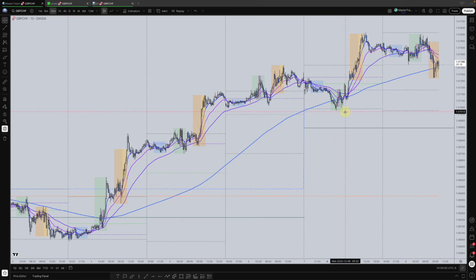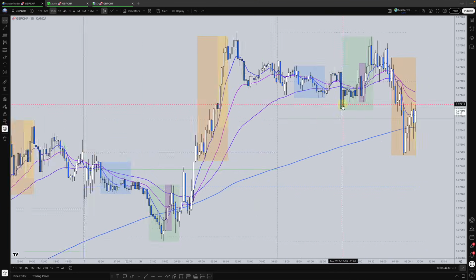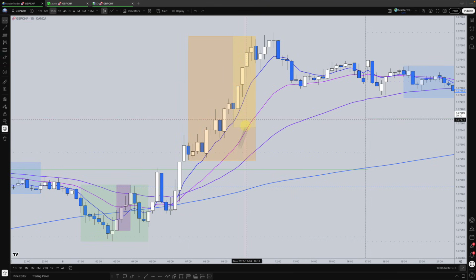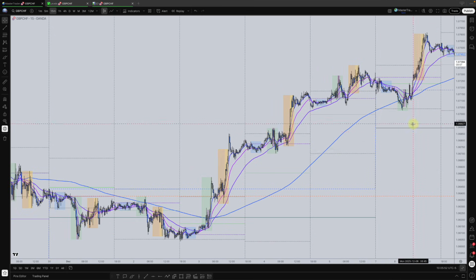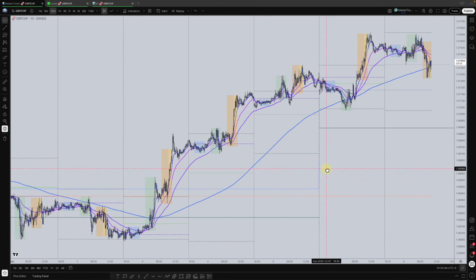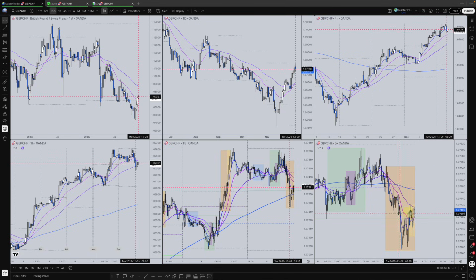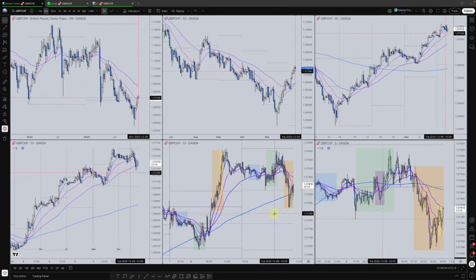Sometimes if you are really scaled in like this, then this looks like a huge move because it fills your whole screen. But in reality, it's just a small move in the overall trend. And that might influence your decision making as well when you are trading in real time.